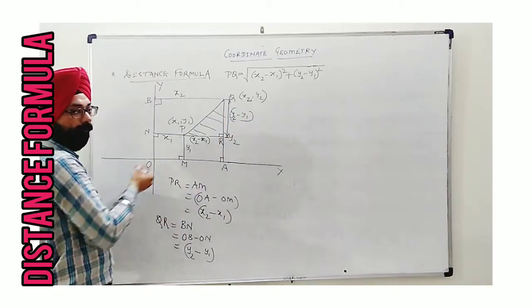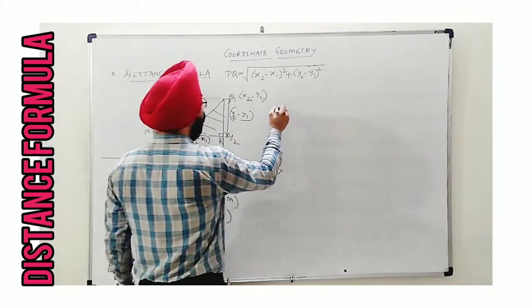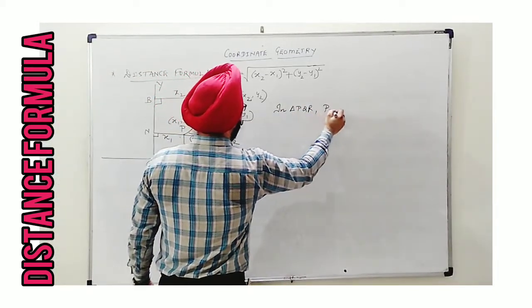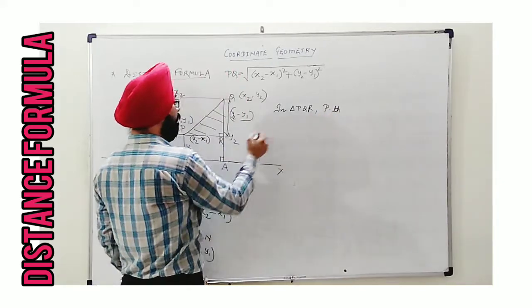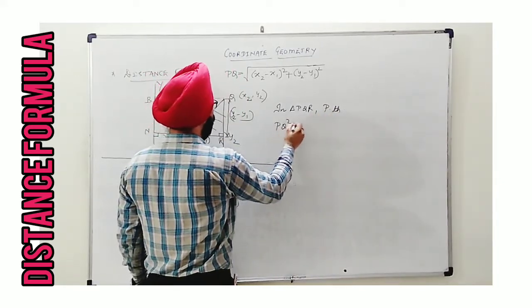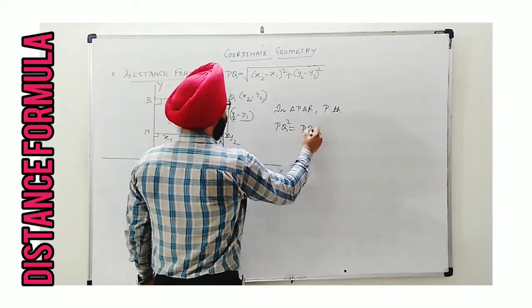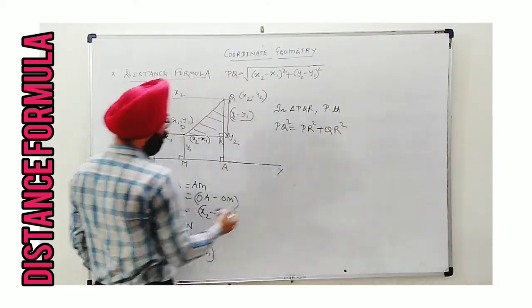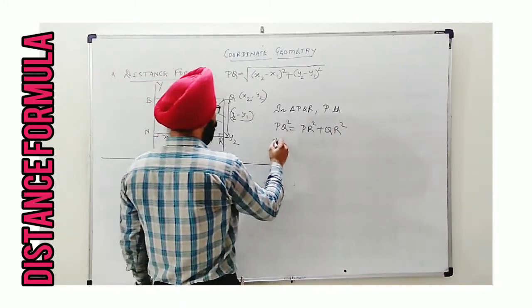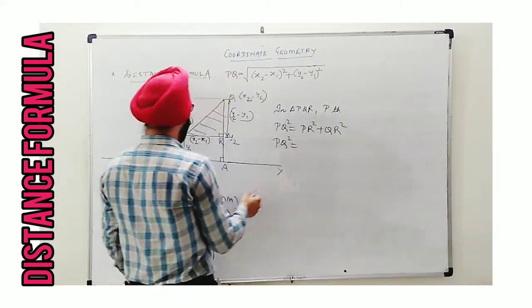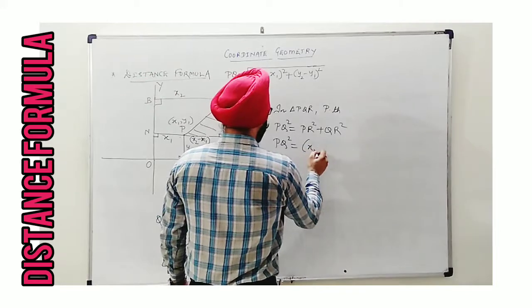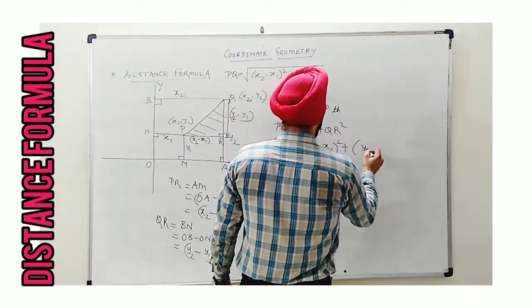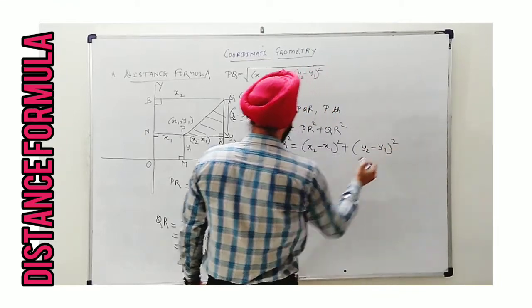Without delay, now we can apply the Pythagoras theorem in triangle PQR. We know that the hypotenuse square, meaning PQ square, is equal to the sum of the squares of the other two sides, PR square plus QR square. So PQ square will be equal to PR square, meaning x2 minus x1 whole square, plus QR square, meaning y2 minus y1 whole square.